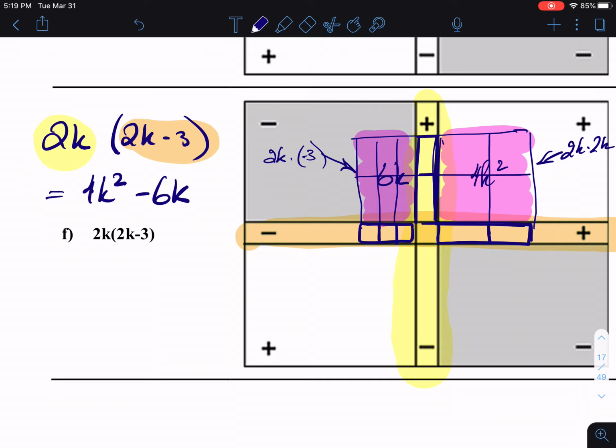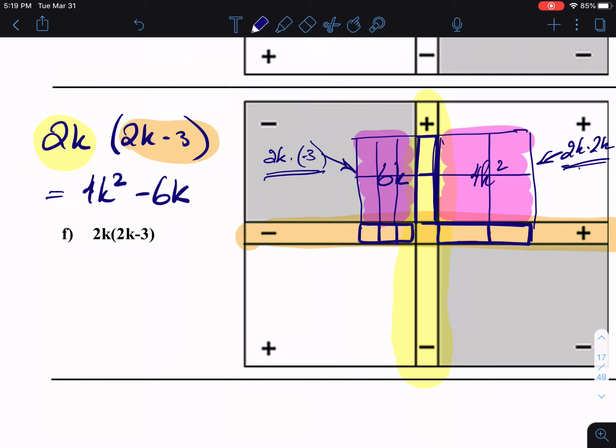So do you see, although we're not going to be talking about the distributive property here, where the distributive property is starting to appear? There are two parts to this final area. One part is a result of that 2k by 2k rectangle, and the other part is the result of the 2k by -3 rectangle.